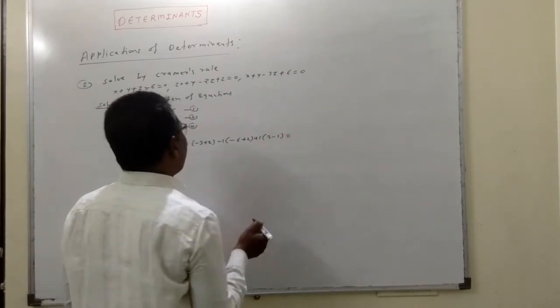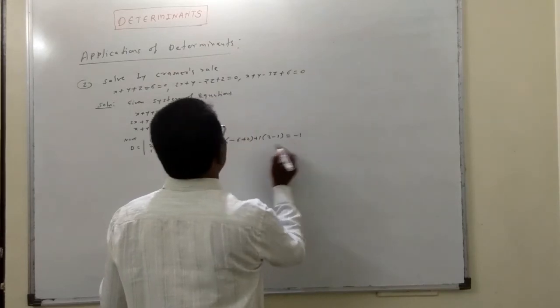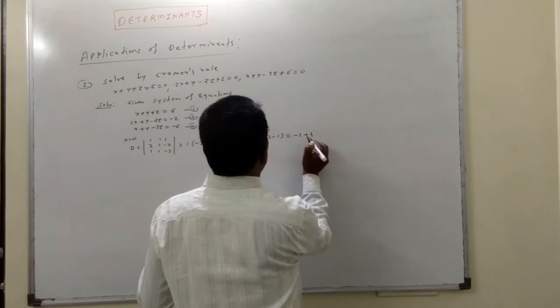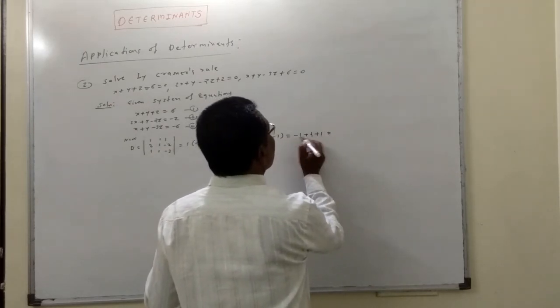So that is equal to minus 3 plus 2 minus 1, minus 1 into 1 is minus 1, minus 6 plus 2 minus 4, minus minus plus 4, 2 into minus 1 is minus 2, so plus 1. So D is 4.